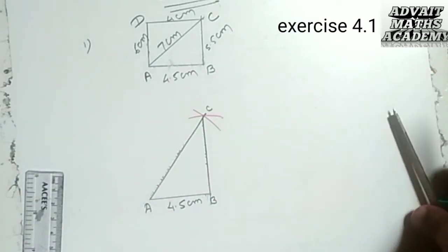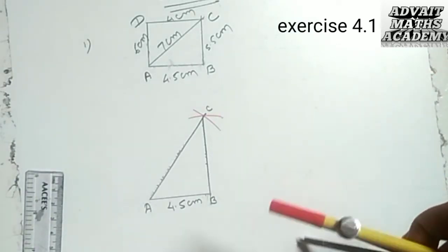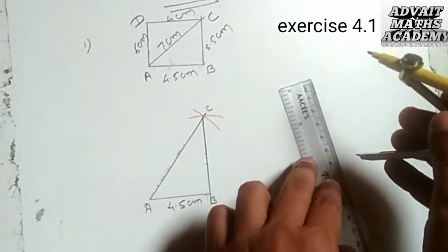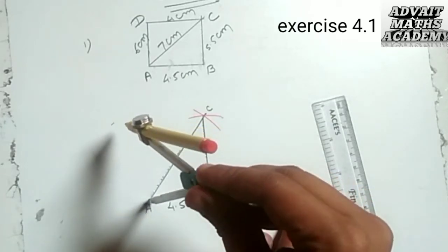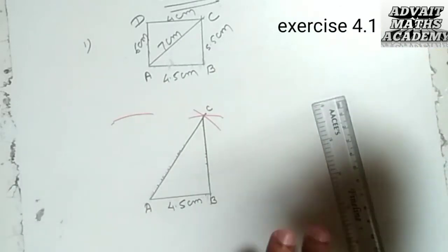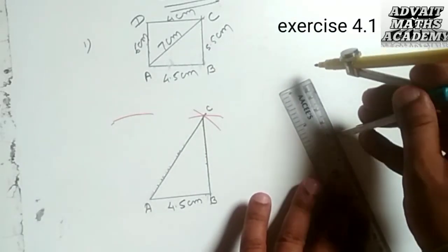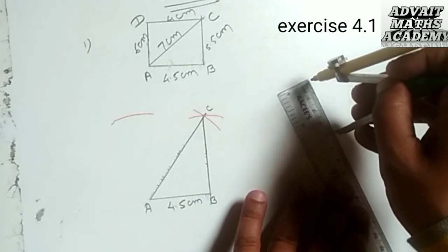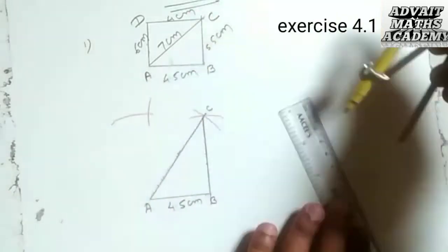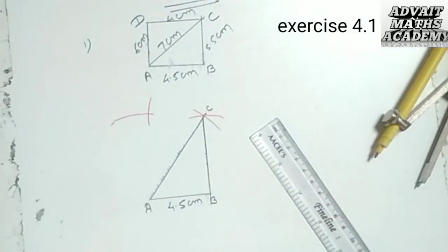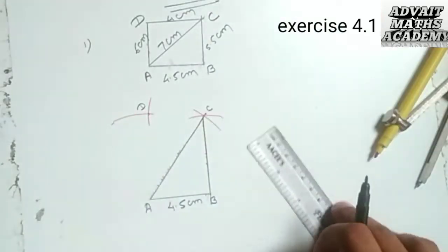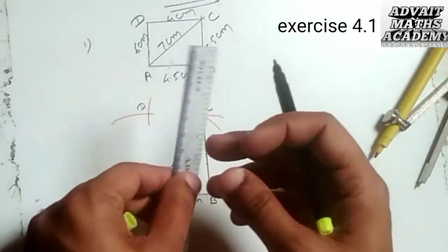Then take another distance in your compass, that is 6, and take another distance 4 centimeter from C to D and join this point. This intersection point is D. Join this point with the help of ruler.